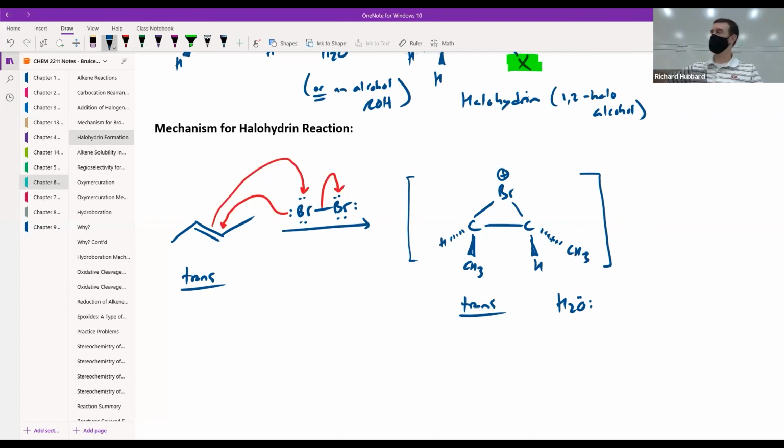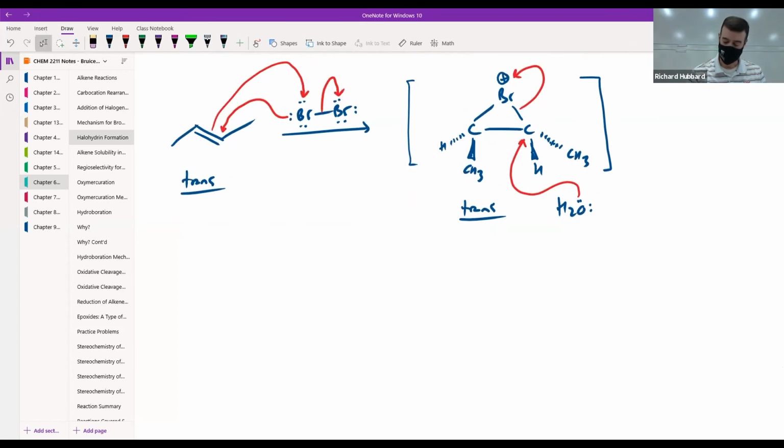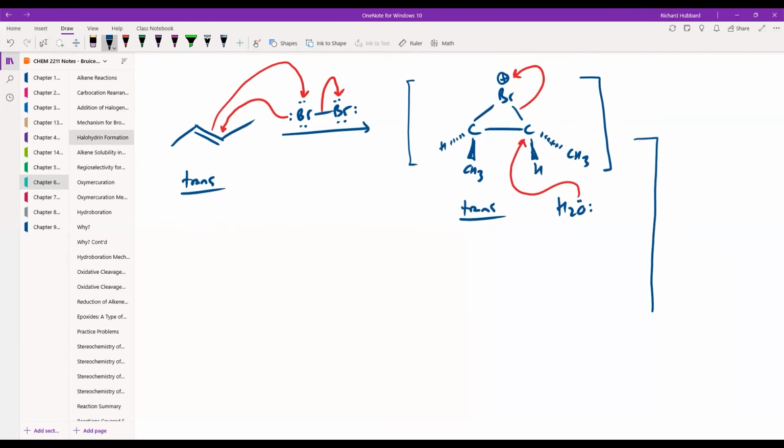So the bromide never has a chance. The water comes in and attacks, and it has to do so, just like the bromide did, from the opposite side as our bromonium. So that gives us what type of addition? Anti-addition. Anti-addition, fantastic.